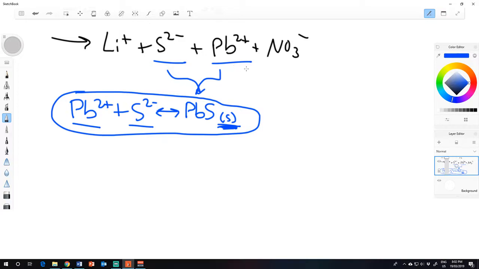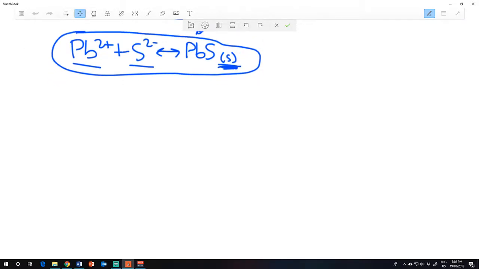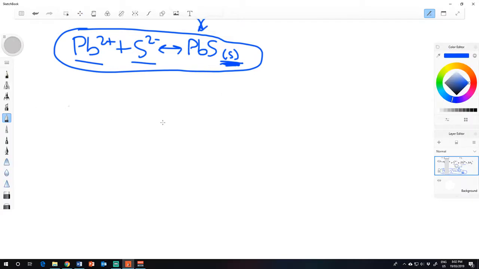There's really not much we can vary on this question other than possibly throwing down several solutions together. So a variation of this that you might see on your test would be something like we mix together several different solutions.